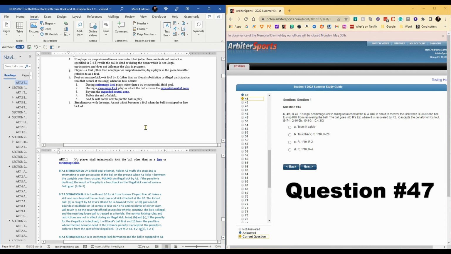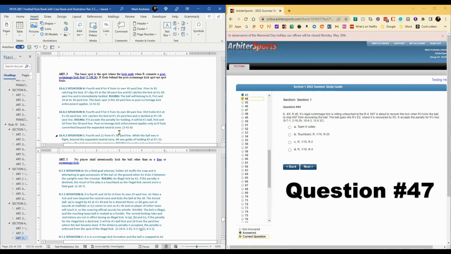And post-scrimmage kick fouls do have special enforcement. It's not critical in this particular case. So the basic spot for a post-scrimmage kick foul is where the kick ends, when R commits a post-scrimmage kick foul. R fouls behind the post-scrimmage kick spot are spot fouls. So, where did the kick end?